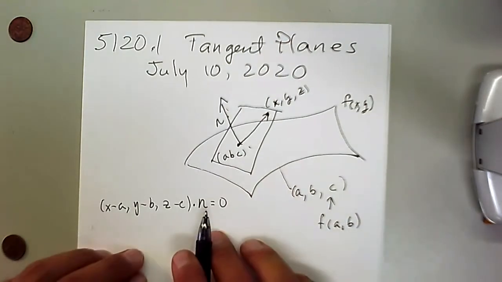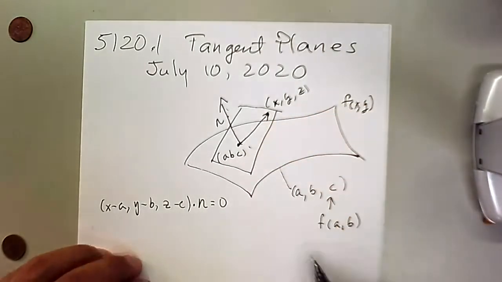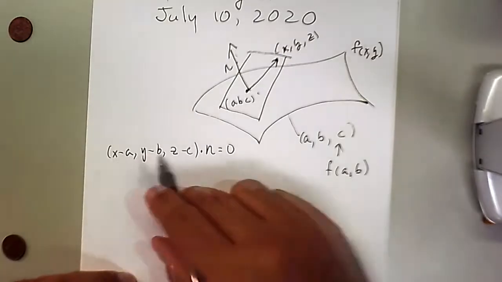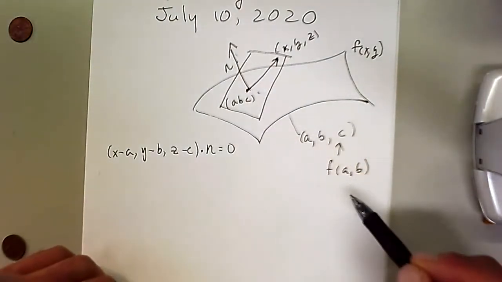And that will give us the equation of a tangent plane. I'm going to develop how to figure this out, and then I'm going to show you a shortcut to find the actual tangent plane to a surface at a given point A, B, C.